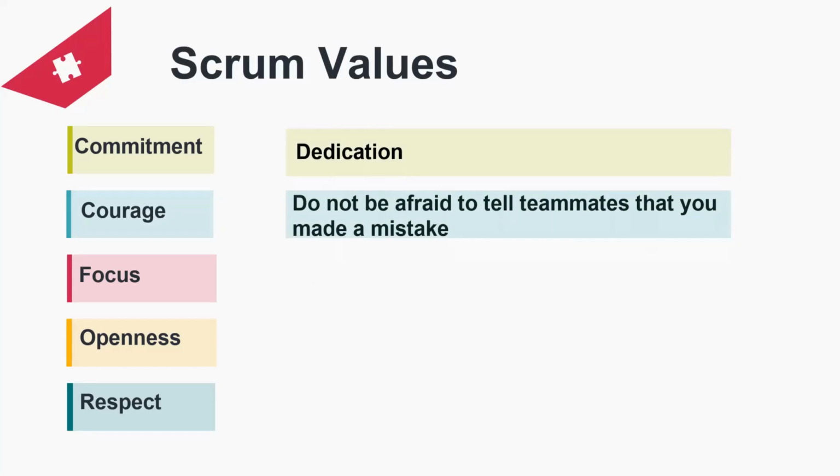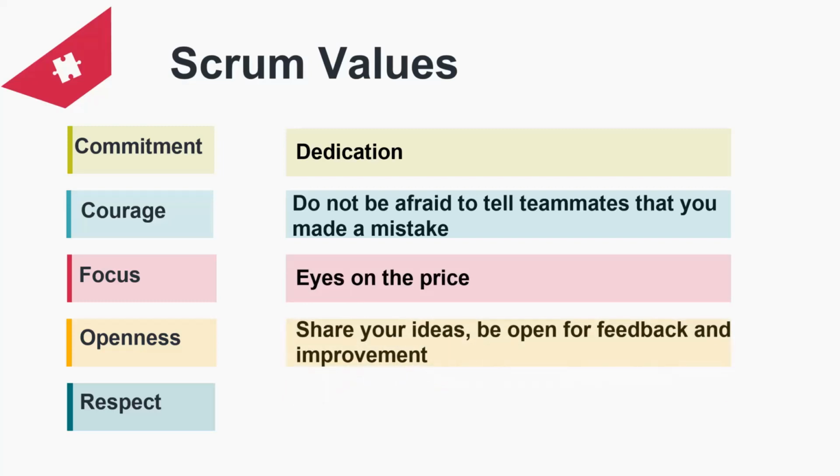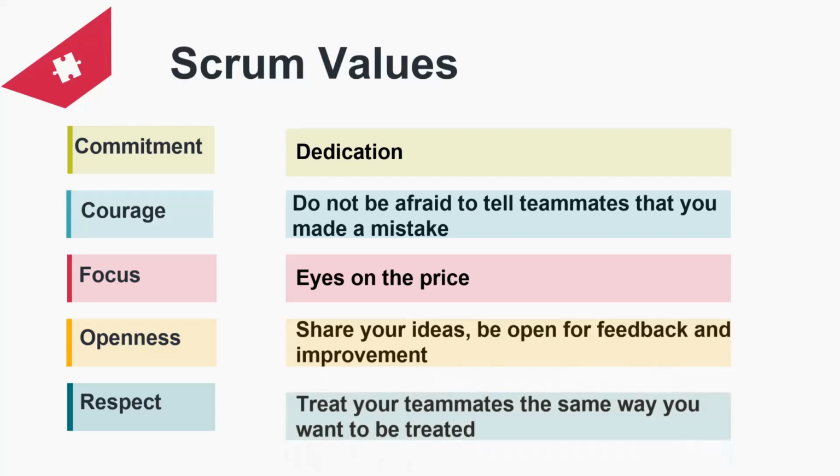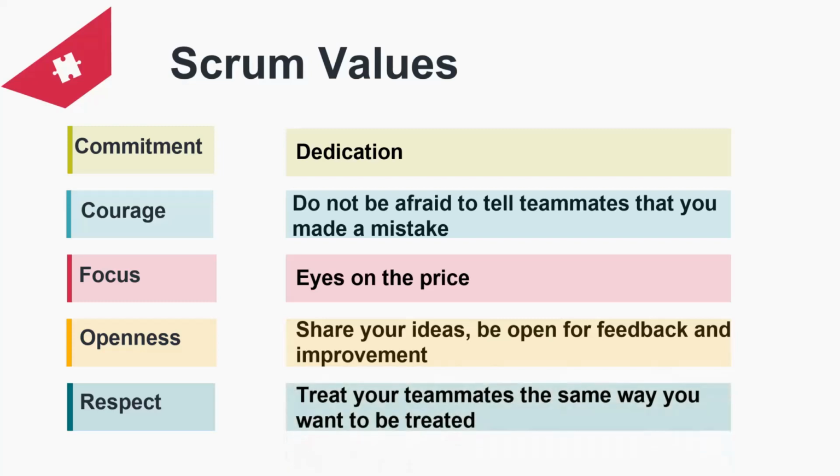You will work it out together. Focus. Eyes on the prize. Don't waste your time and don't do things which do not make you better or do not get you closer to the project goals. Openness. Share your ideas. Be open to feedback and improvement. Don't hide. Respect. Treat your teammates the same way you want to be treated.